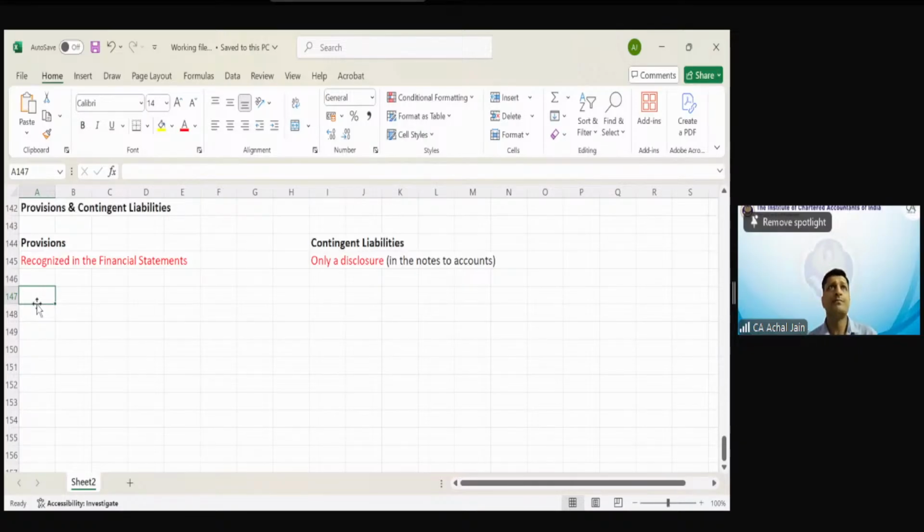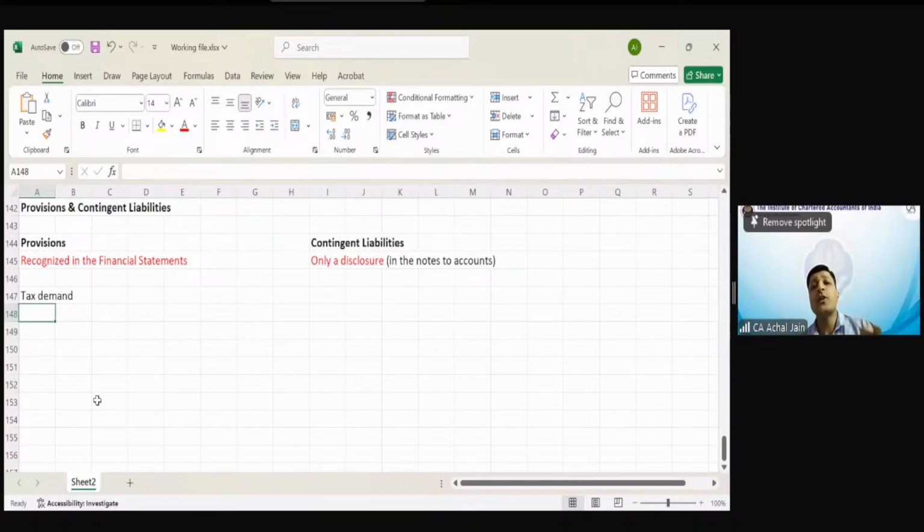For example, say there is a tax demand in case of a company, and there are higher chances that if the company gets into litigation, the company will lose the case.